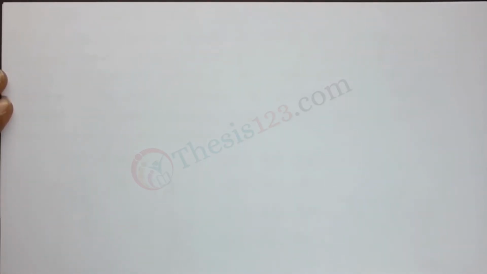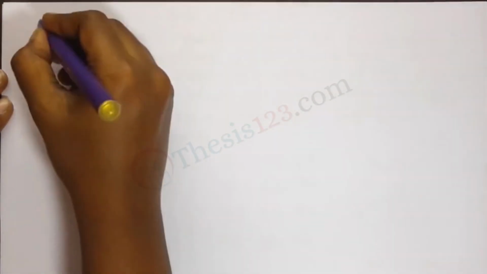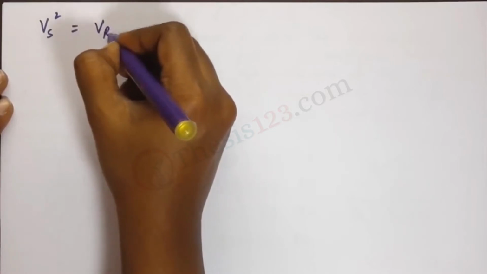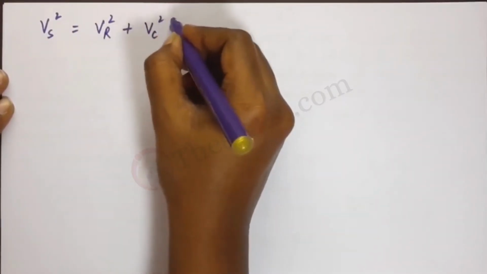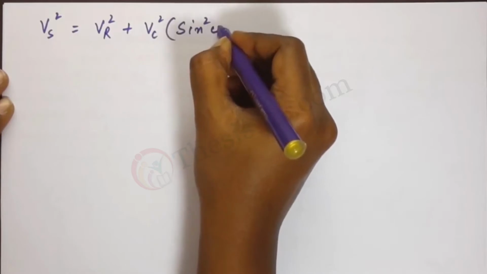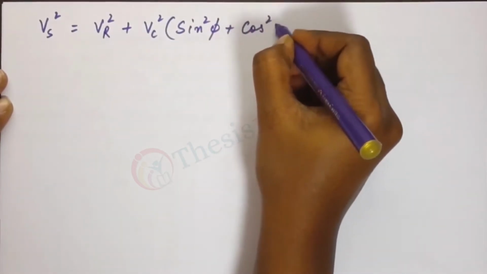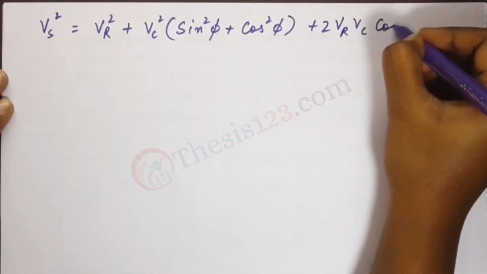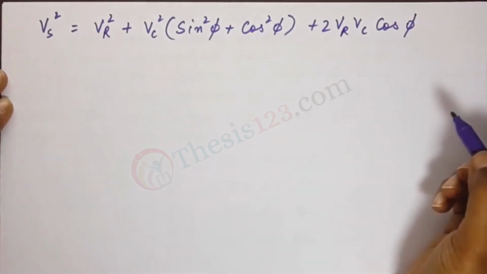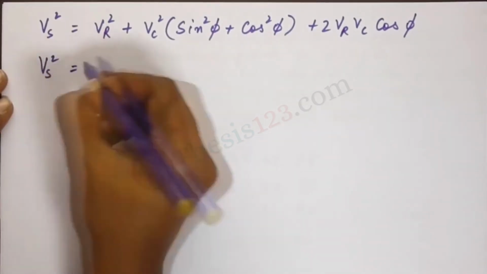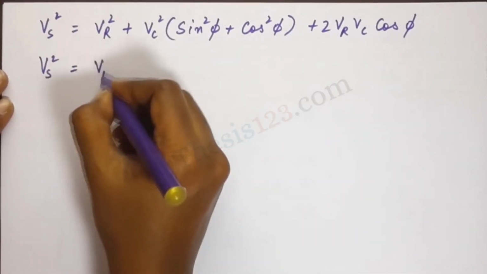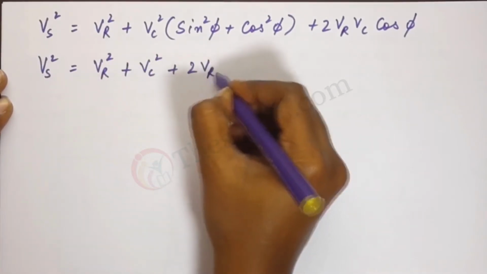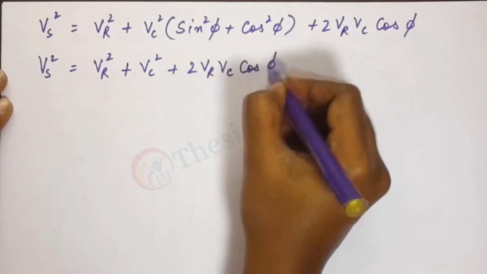So utilizing that, we get Vs square is equal to VR square plus VC square into sin square phi plus cos square phi plus 2 VR VC cos phi. We used the relation to turn this into 1, so we get VR square plus VC square plus 2 VR VC cos phi.